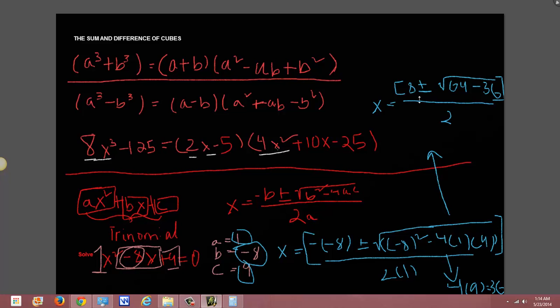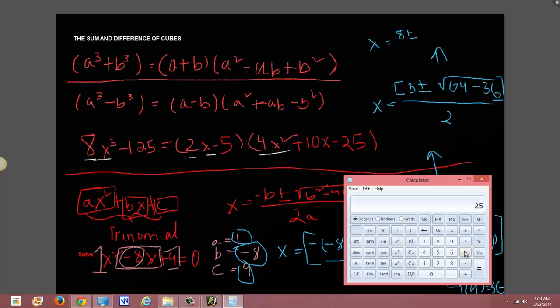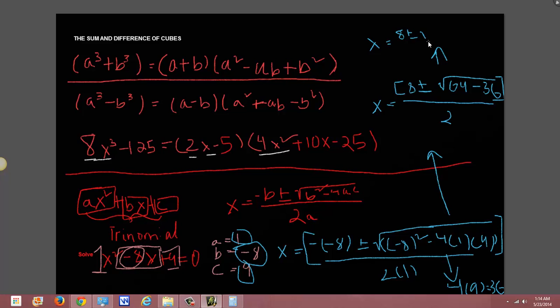So we're going to do 64 minus 36. So 8 plus or minus the square root of 28 over 2. Now what do we have to do? Now we have to simplify the 28.